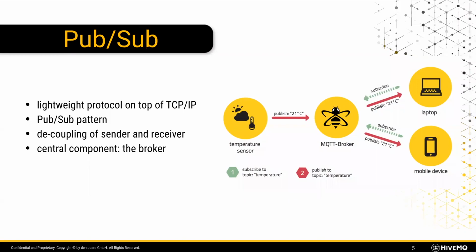And it's a very lightweight protocol. One of the major characteristics of MQTT is that you can have guaranteed message delivery even in unreliable networks, and the networking overhead and the implementation effort on the client side are very lightweight.